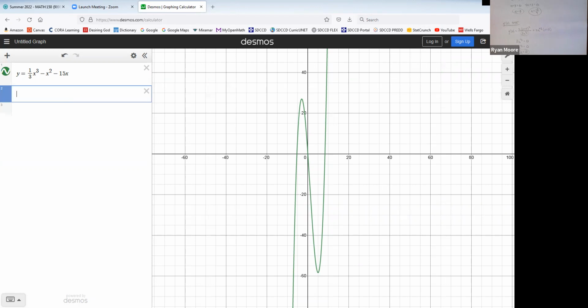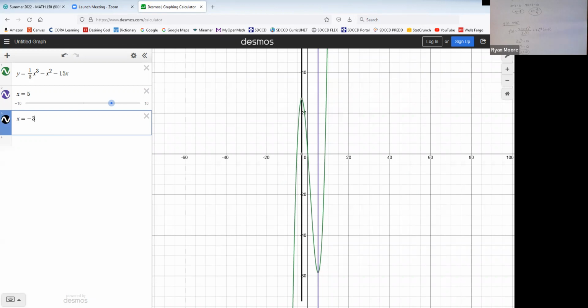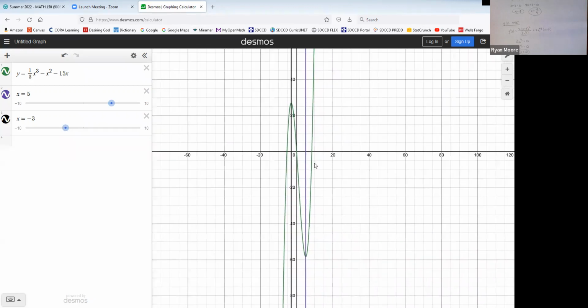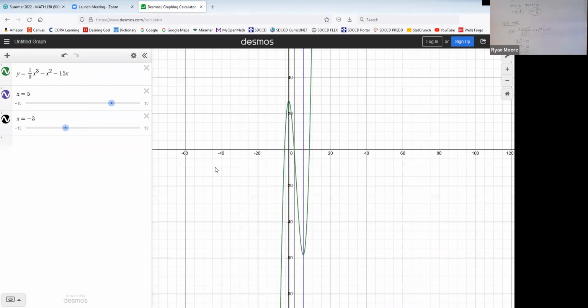We realized our criticals were at x equals 5, which, yep, that was the local min down here. And at x equals -3, and that was a local max right there on the graph. So it turned out all of the criticals that we found in both these problems were in fact either a local max or a local min, although that's not guaranteed. It did work out here.